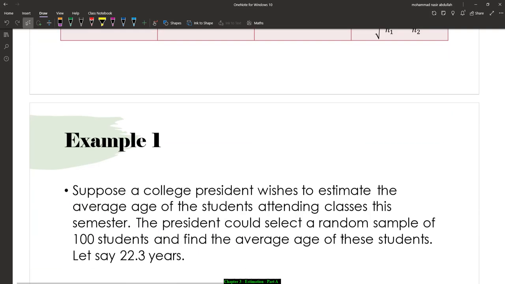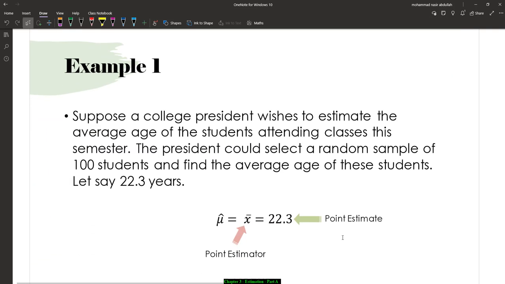Okay, now let's look at example number 1, just to emphasize the concept of point estimator and point estimate. Suppose a college president wishes to estimate the average age of the students attending class this semester. The president could select a random sample of 100 students and find the average age of these students. Let's say the average is 22.3 years. So mu hat is a point estimator.